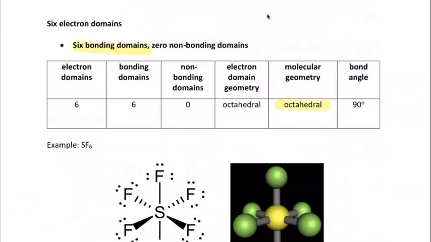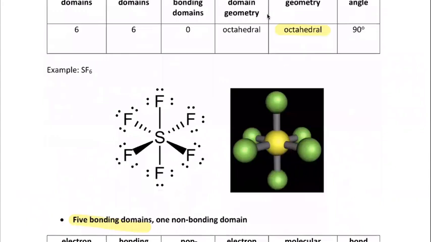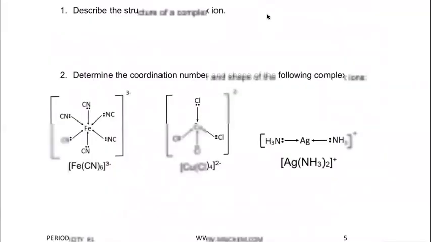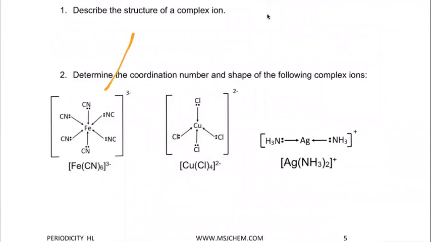And so the structure looks like this, and it looks really similar to that complex ion. There's one thing in the center and there's 6 things bonded to it. If I switch back over to our topic 3, I can see it has 6 things surrounding a central atom, so this one would have a coordination number of 6, and it's going to be octahedral.